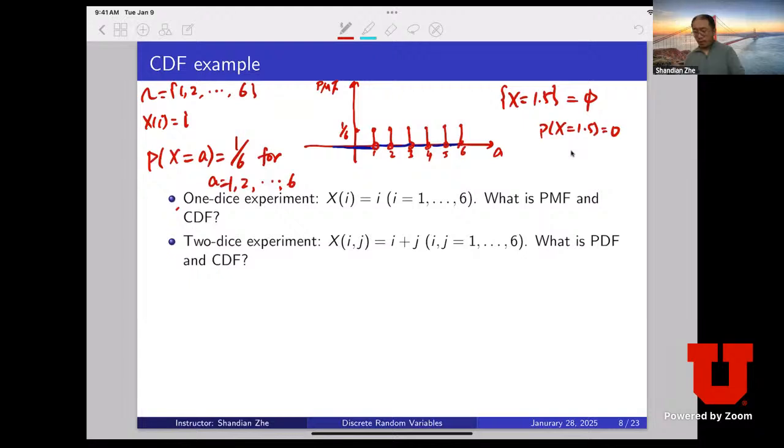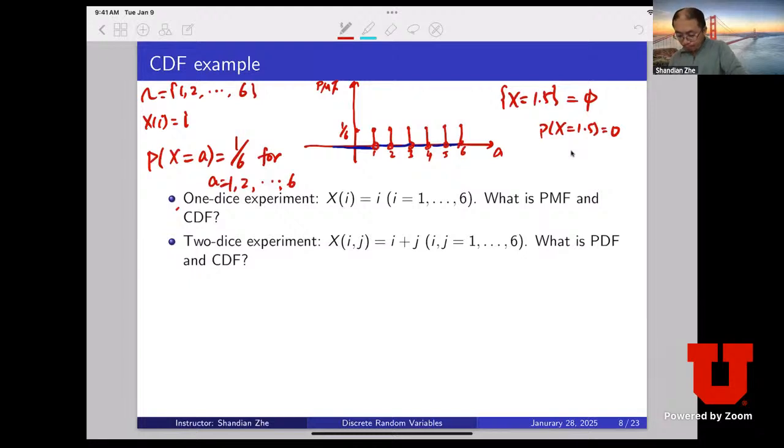Okay. So now let us calculate the CDF. We can also consider 1, 2, 3 until 6, right?